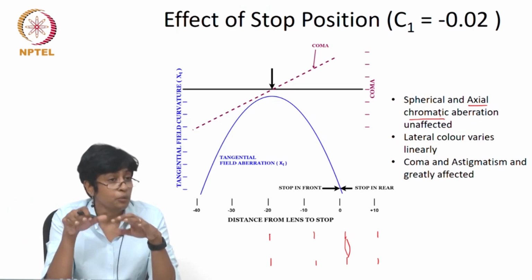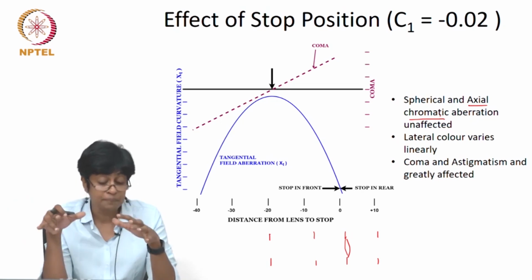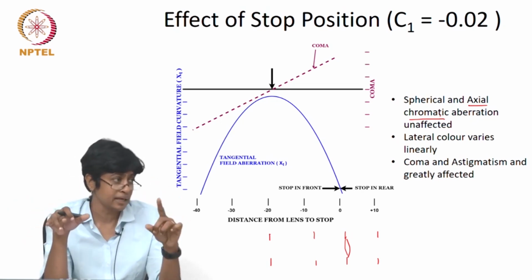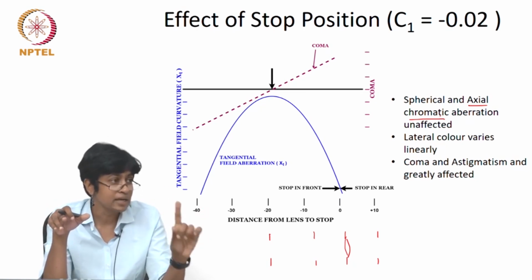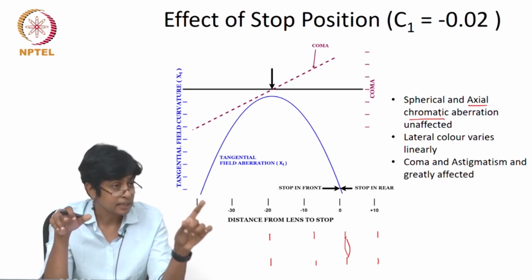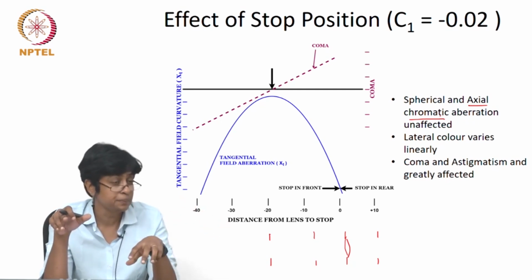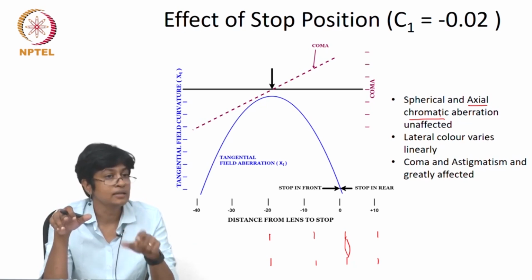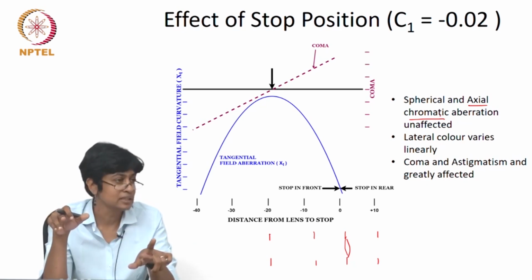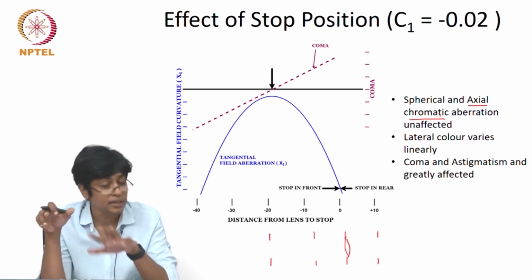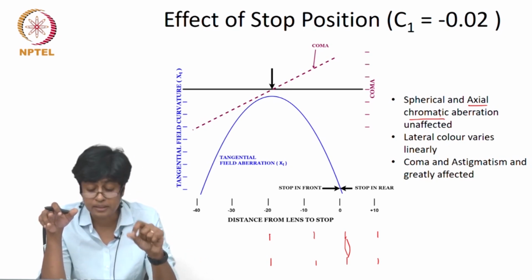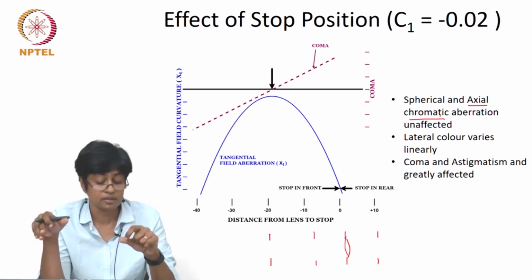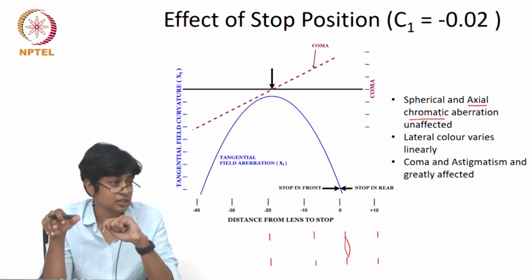But here, each time in these graphs, we are varying one parameter and one parameter only. In the previous graph, we varied the shape. Here, we've picked a particular shape and we are varying only the location of the stop, not even its size. So axial chromatic aberration is not affected. Spherical aberration is not affected. Only parameters that are greatly affected are coma and the tangential aberration.